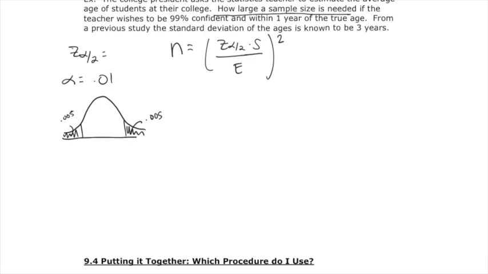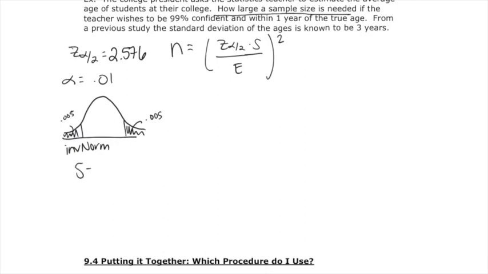And again, we're looking for a z-score, so we're going to use inverse norm on our calculator. And we'll use this left tail with the area to the left being 0.005 to find that critical value. And the critical value is 2.576.